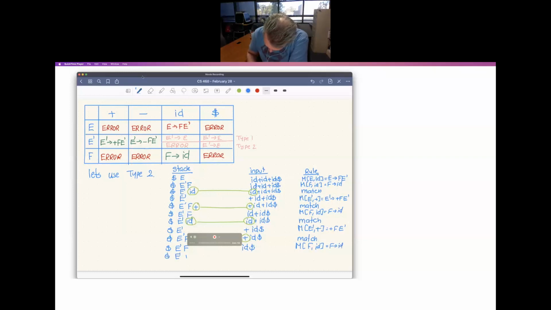Dollar E prime. We're running out of space here. ID dollar. But look, match, match. Then we have dollar E prime dollar. And finally, M of E prime on a dollar is E prime goes to epsilon. So we get dollar, and we are done.